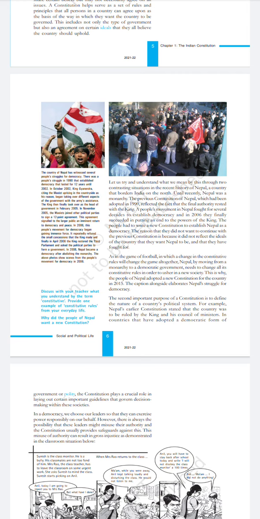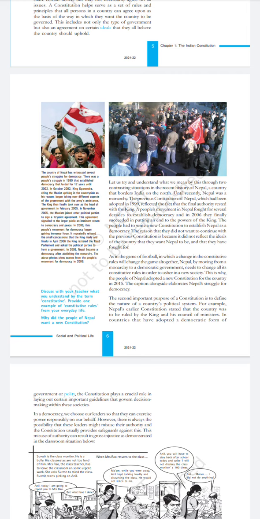As in the game of football, in which a change in the constitutive rules will change the game altogether, Nepal, by moving from a monarchy to a democratic government, needs to change all its constitutive rules in order to usher in a new society. This is why the people of Nepal adopted a new constitution for the country in 2015. The caption alongside elaborates Nepal's struggle for democracy.